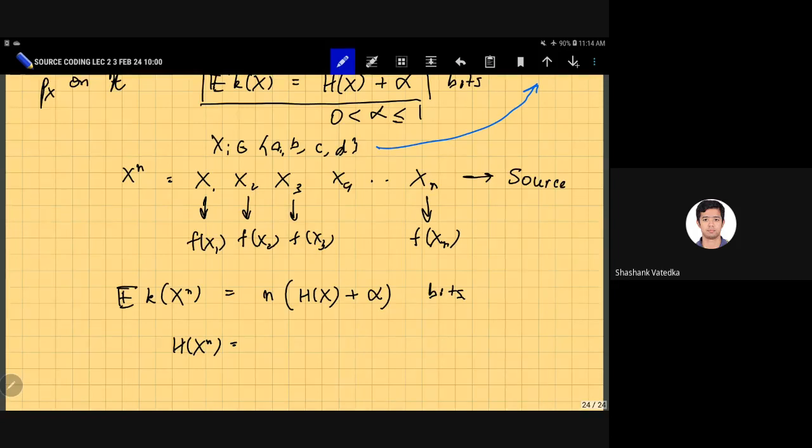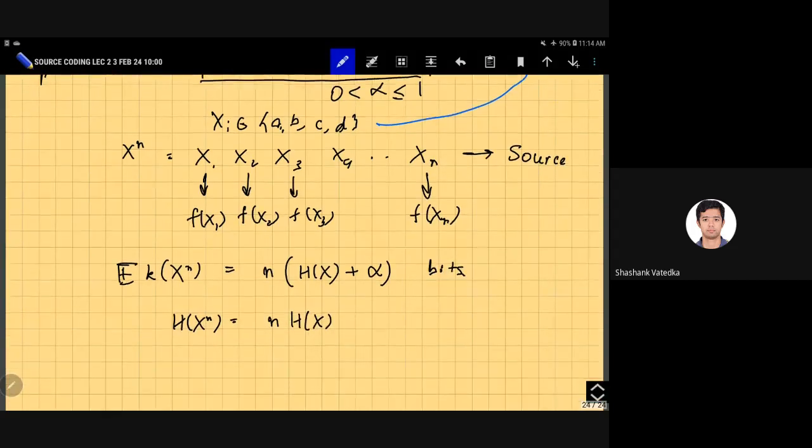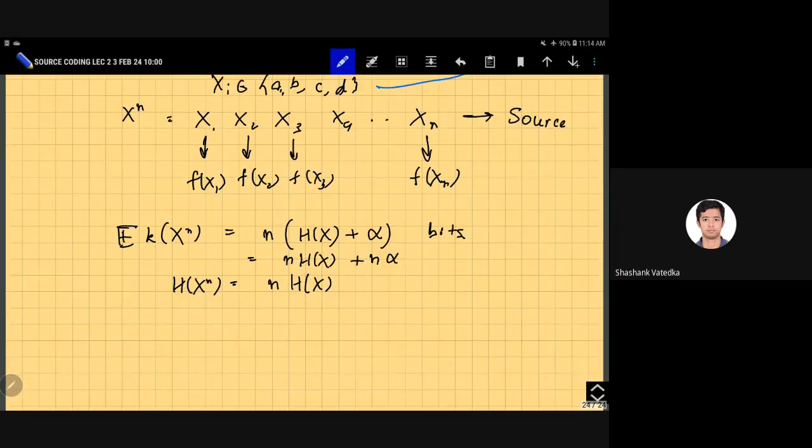It's n times h of x, right? So the entropy is n times h of x, but the expected length achieved by this is n h of x plus n times alpha for some constant alpha greater than 0, right?